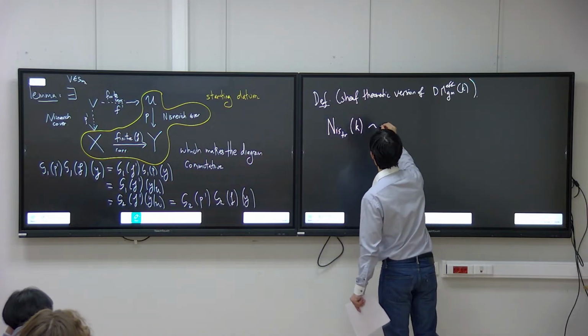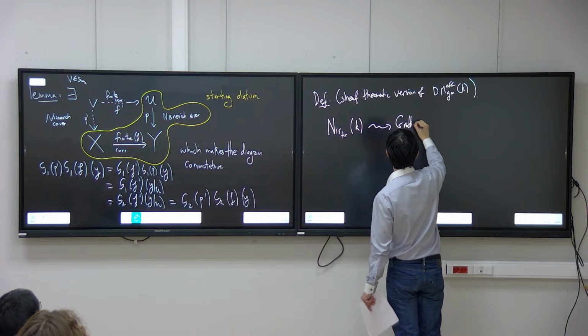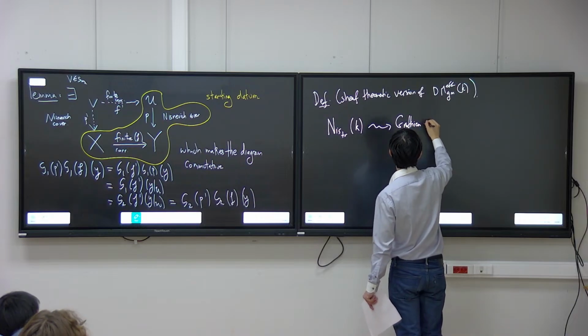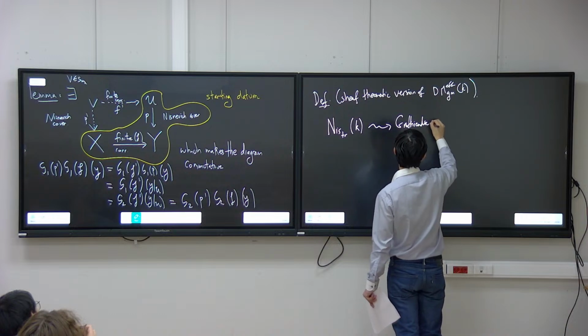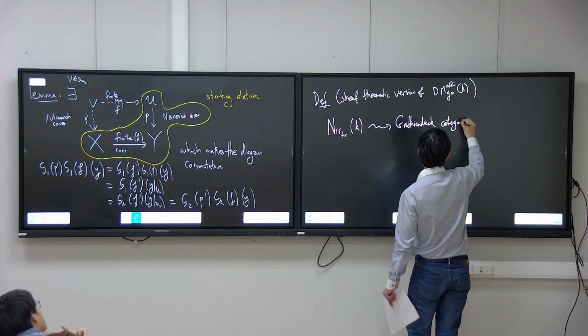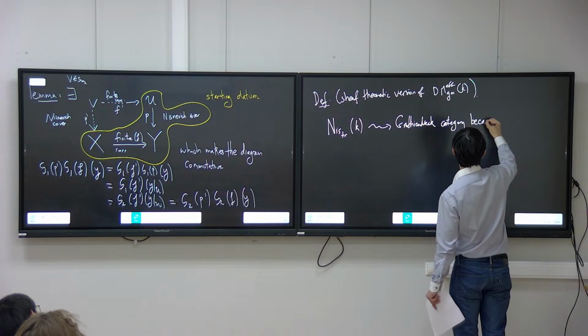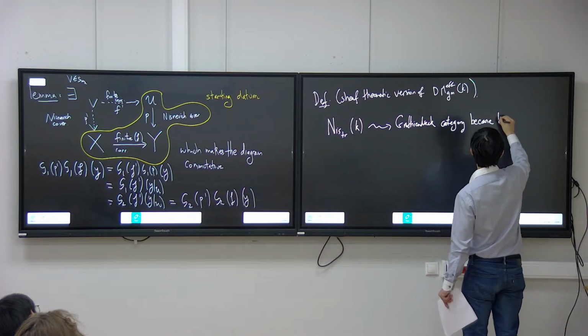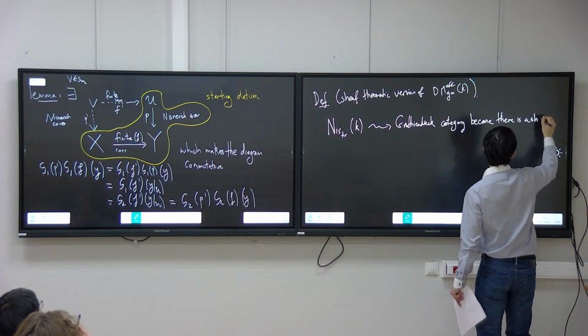This is now a Grothendieck category, because there is a sheafification functor.